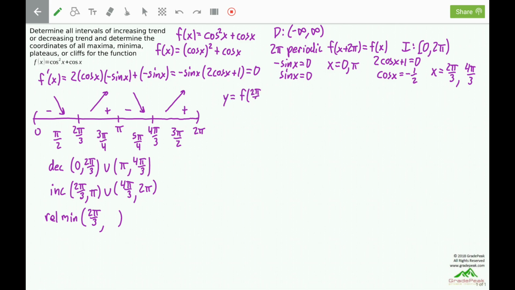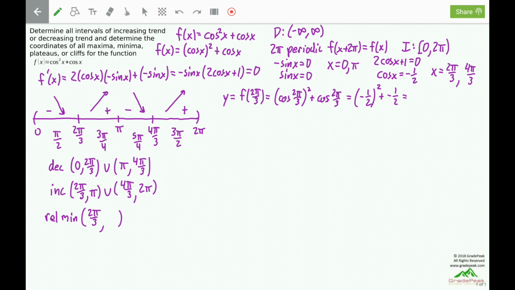So f of 2 pi over 3, which will be cosine of 2 pi over 3 squared, plus cosine of 2 pi over 3. The cosine of 2 pi over 3 is, in the second quadrant, pi over 3 equivalent, so it's negative 1/2 squared plus a negative 1/2.